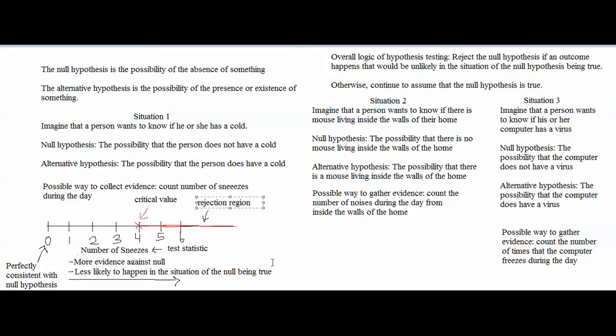So this is the rejection region. Remember that the critical value is a part of the rejection region. It's the lowest part of the rejection region, because if your outcome is right at the critical value, you do reject the null hypothesis. If I sneeze 4 times and my outcome is right at the critical value, I do reject the null hypothesis.